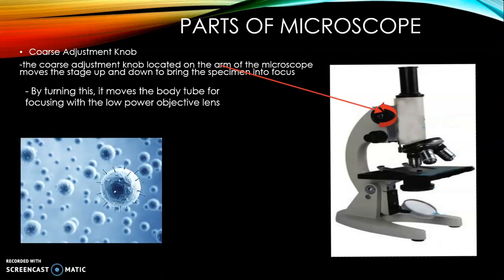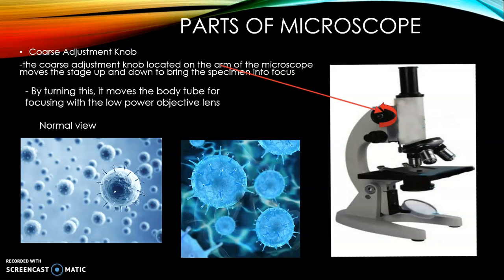An example. This is the normal view of an image. By the help of the coarse adjustment knob, there will be changes of the image.